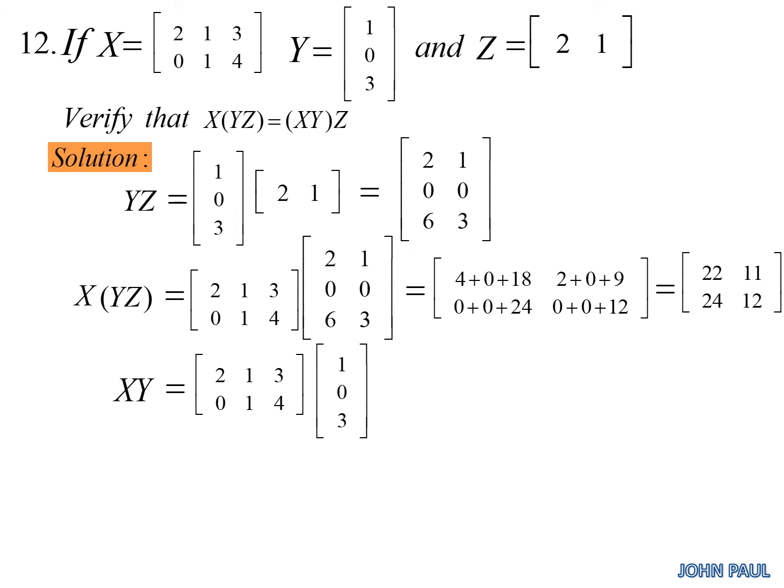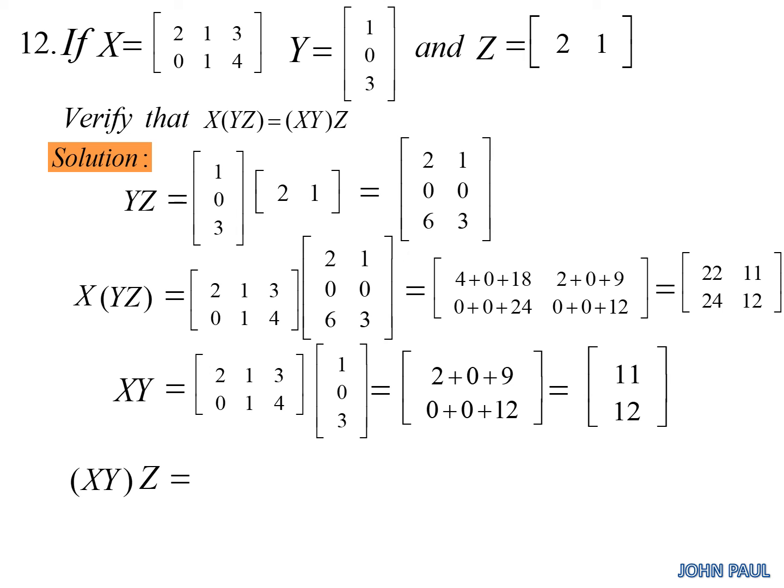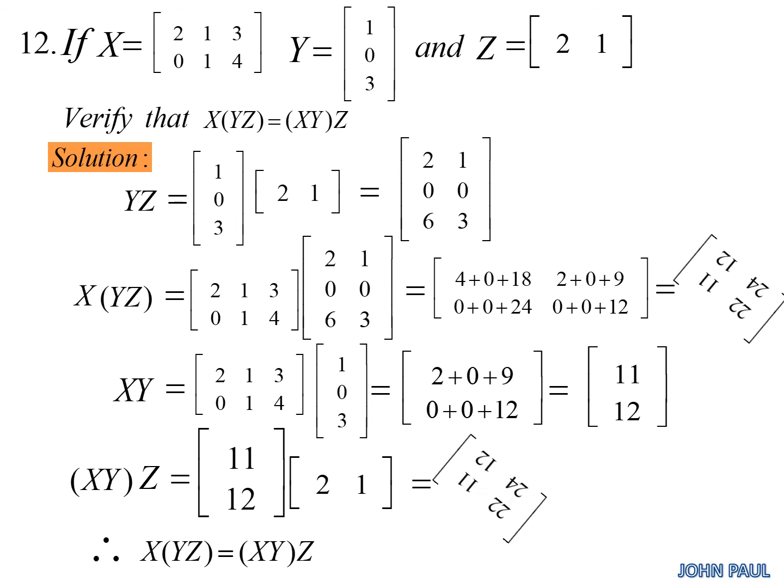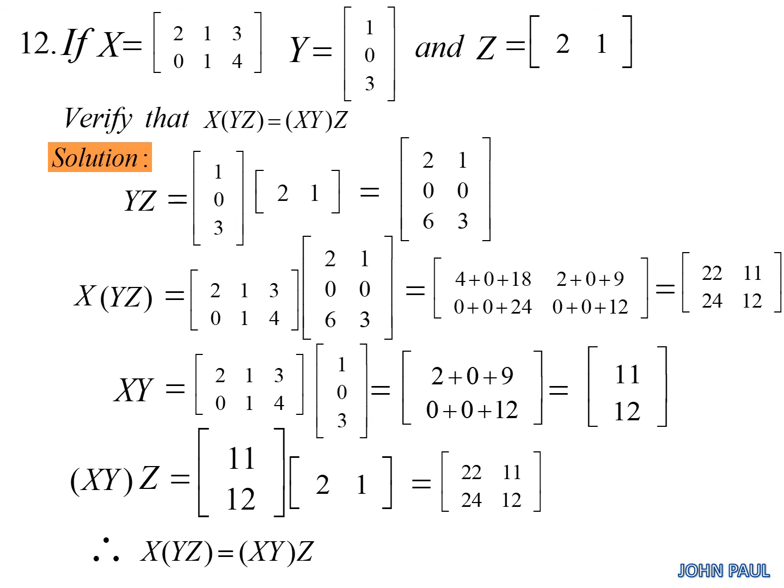XY equal to, substitute the matrices X and Y, multiply this, we get 11, 12. XY into Z equal to, substitute the matrices, by multiplication we get 22, 11, 24, 12. Since both are equal, we have verified that X into YZ equal to XY into Z.